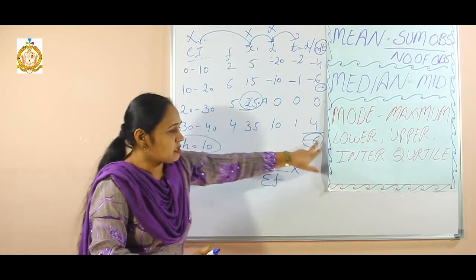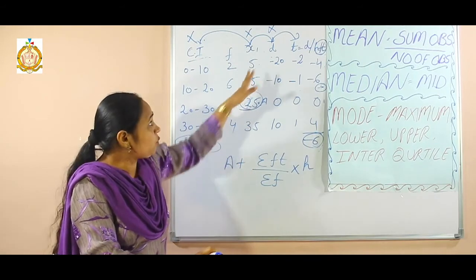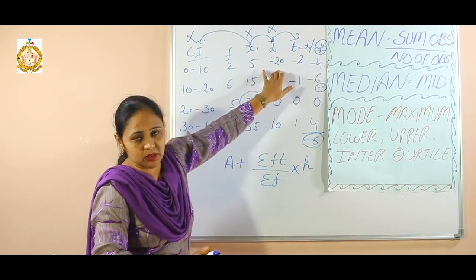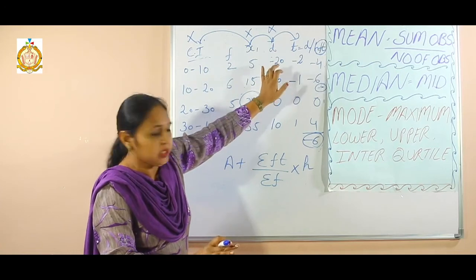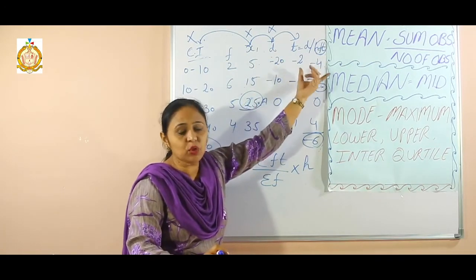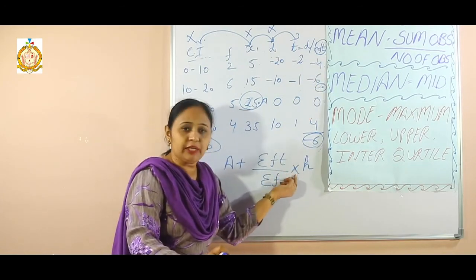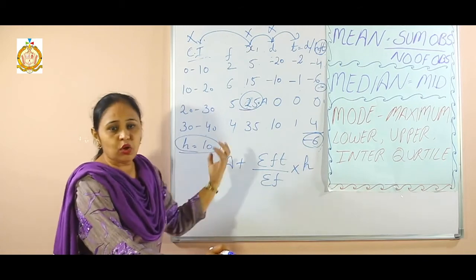We know that the last division is by the summation of frequency. Then what do we do there? There we subtract. Reciprocal of subtraction is addition. That's why I add A here. Now I divided by h. Reciprocal of divide is multiplication. That means I will multiply by h. Now formula is prepared for step deviation.